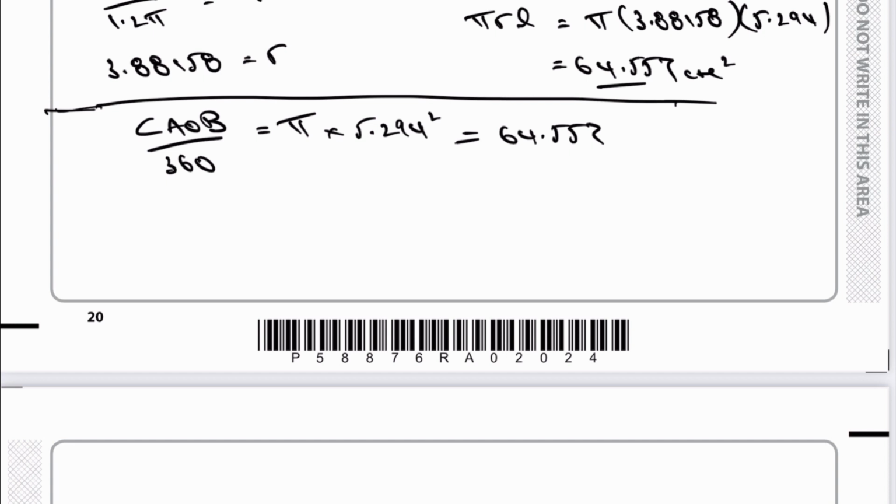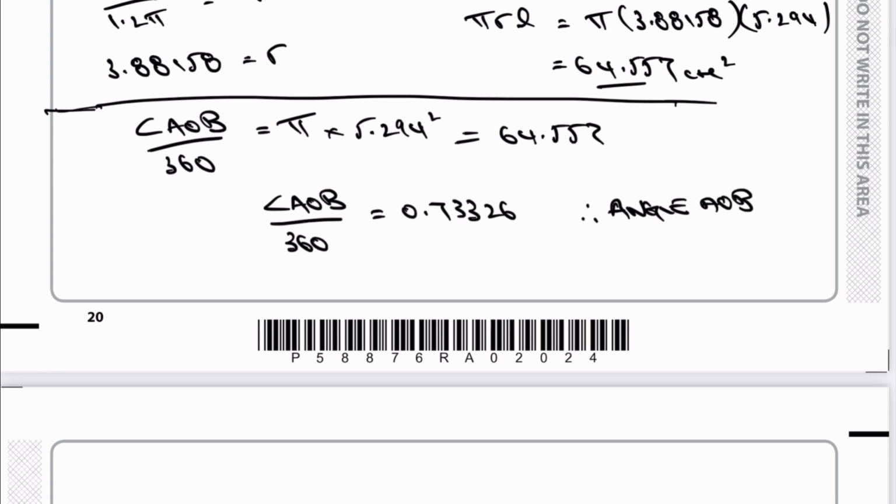So what I'm going to end up with is angle AOB, which is what I'm looking for, out of 360 is going to equal 0.73326, and if I multiply then across by 360, I finally get the angle AOB, which is the answer to the question, is going to equal 263.95 degrees, or 264 degrees, and that's to 3 significant figures.